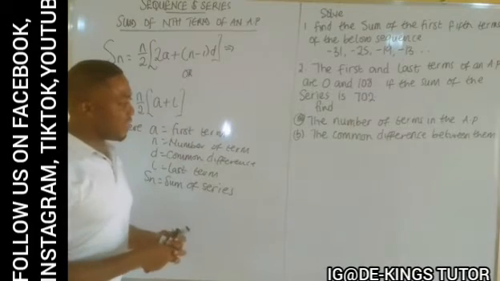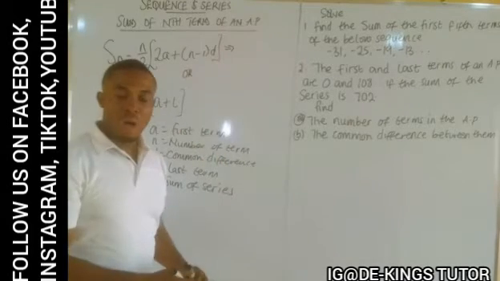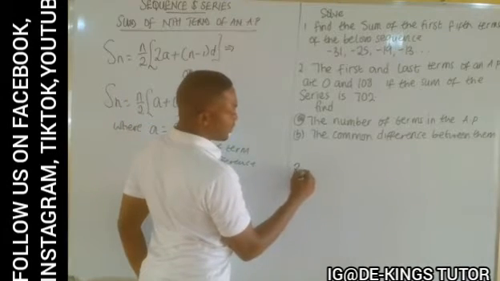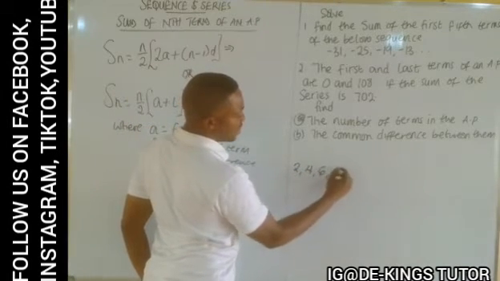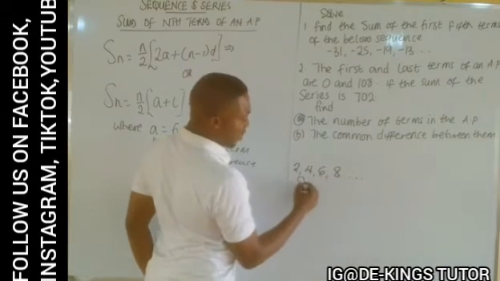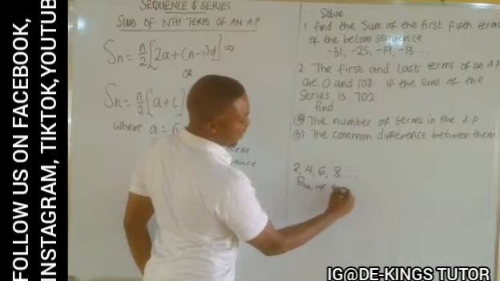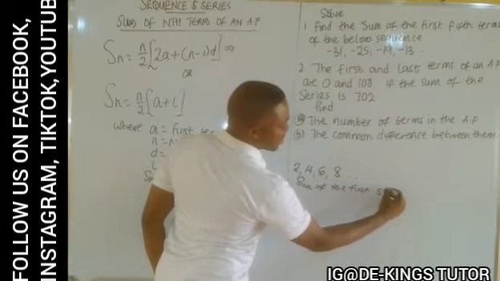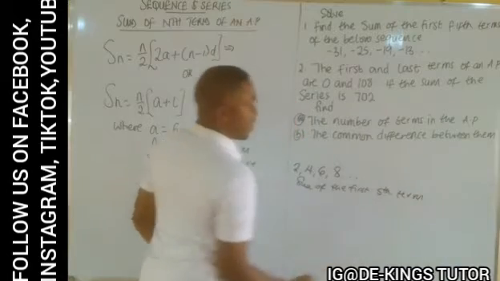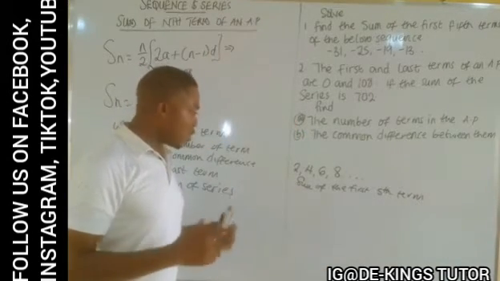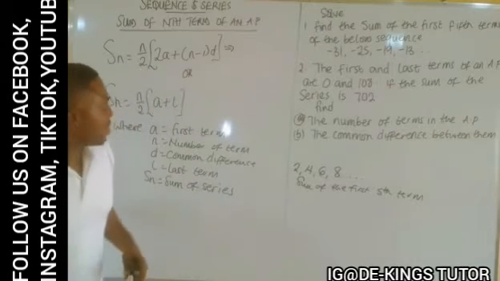Now before we get to the question, let's see, for instance, you're given 2, 4, 6, 8, and it says find the sum of the first 5th term of the sequence. What do we do? How do we solve this?